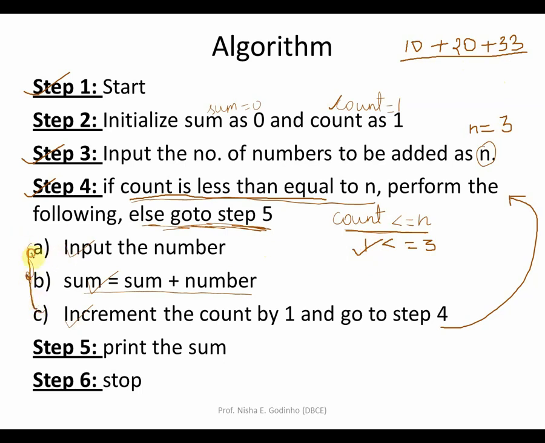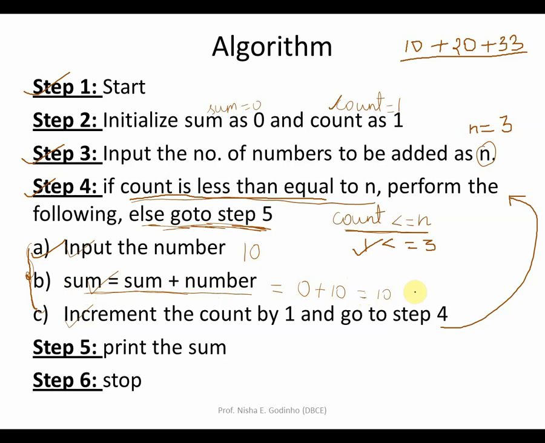Which are those? First is input the number. So let's take the input of the number. So which is the first number to be added as per the example? 10. So in the second step we have to do this, sum equal to sum plus number. So sum is initialized to 0, hence it will be 0 plus 10 equal to 10.